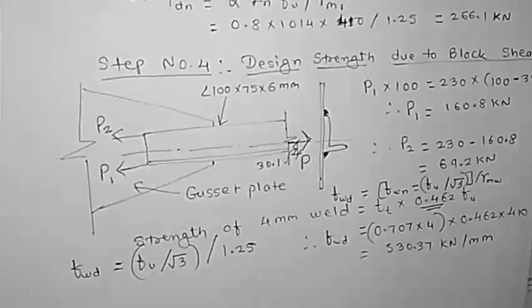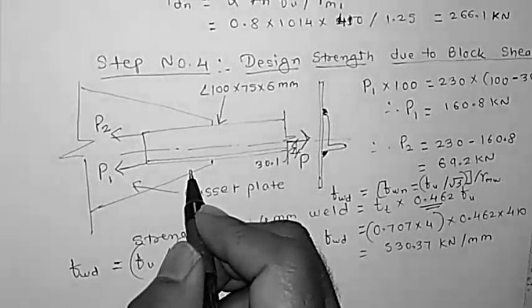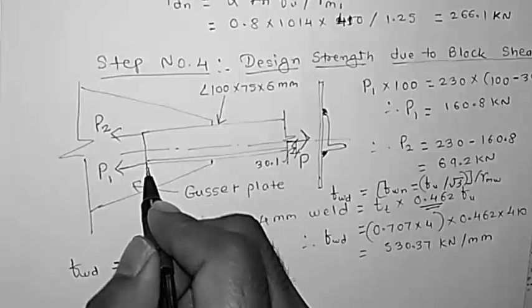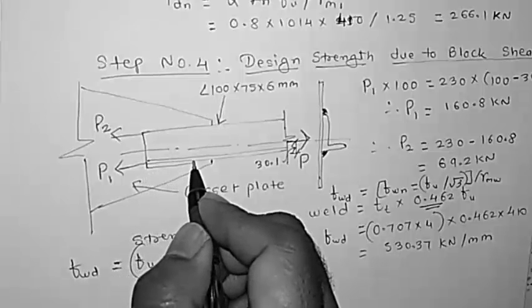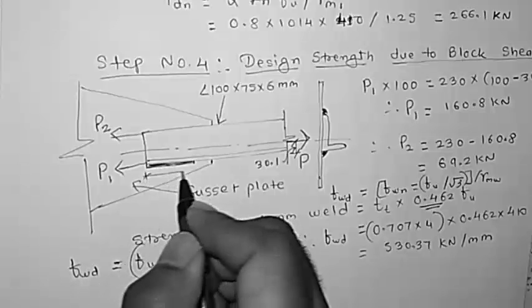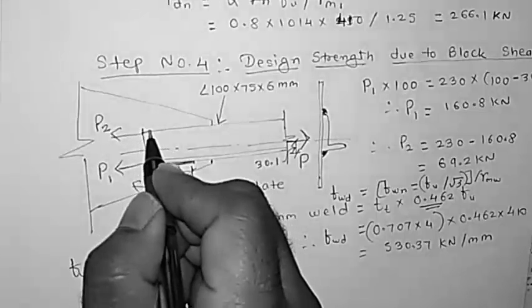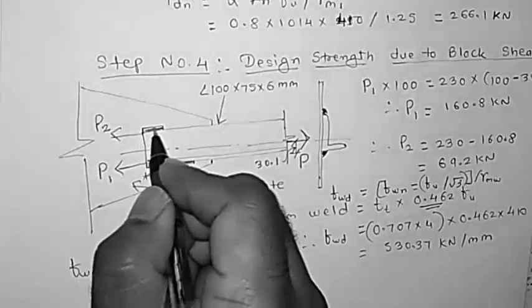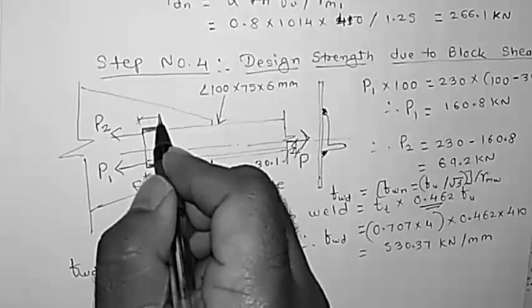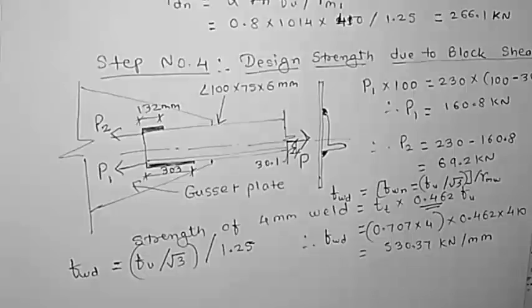So we got the length of, that is 303 mm. So this is actually 303 mm. And this is 132 mm. This is how the length you will get.